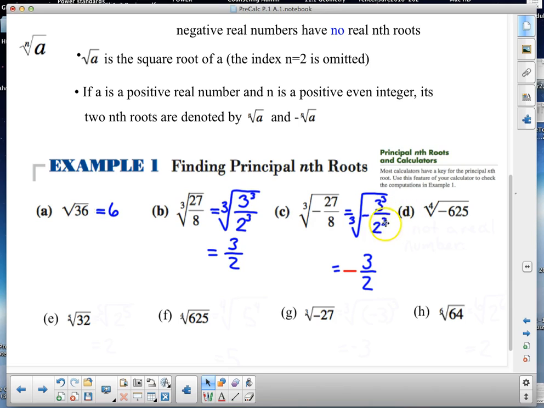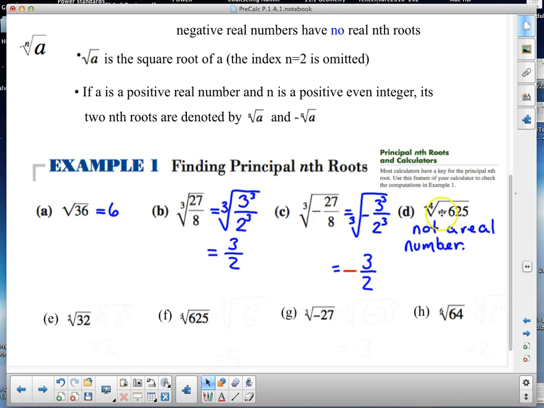When we're looking at D, we're looking at something where the index is 4. So 625 is 5 to the 4th power, but with an even index a negative can't work, because a negative times a negative is positive.